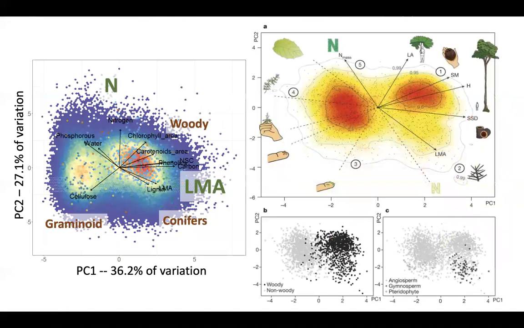You can't really see the colors of them. These are our herbaceous plants over here. Conifers right there. Our conifers all show up right there. These are traits that are related to seeding and wood density and things like that, which we don't have measured. We can't get that. But then these are probably correlated with them in some ways. So we get the same pattern out of the US data. That's really cool. It's really fun to find out that we generate something that looks like a completely different data set generated.